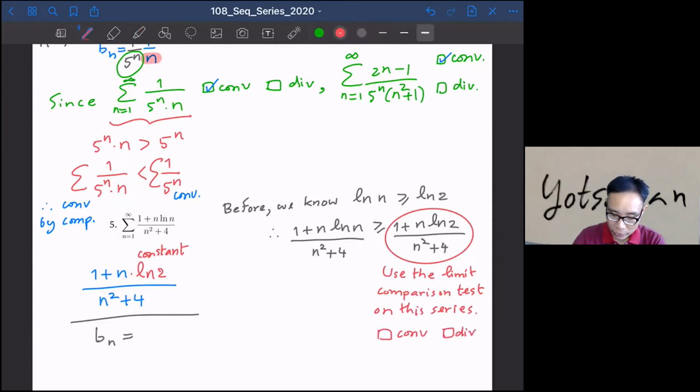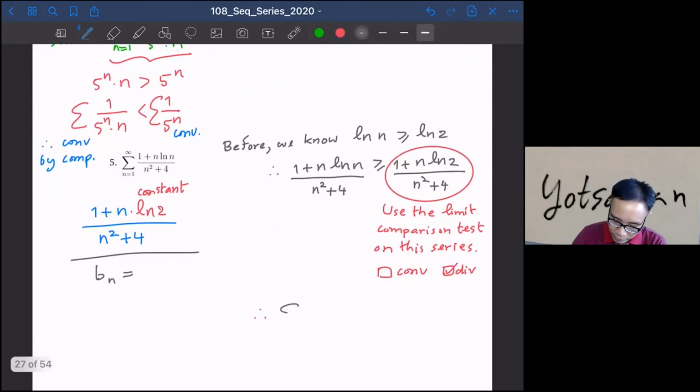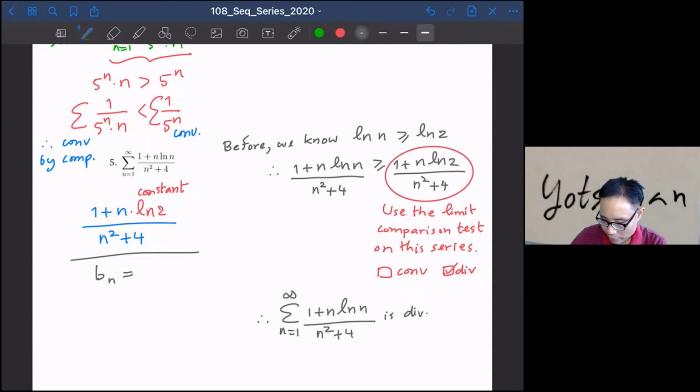I will tell you the solution: this turned out to be divergent. So the series from n equals 1 to infinity of 1 plus n log n over n squared plus 4 is divergent by the limit comparison test.